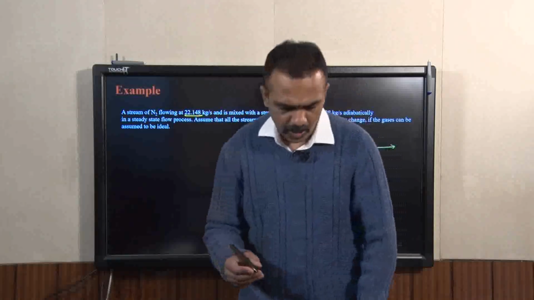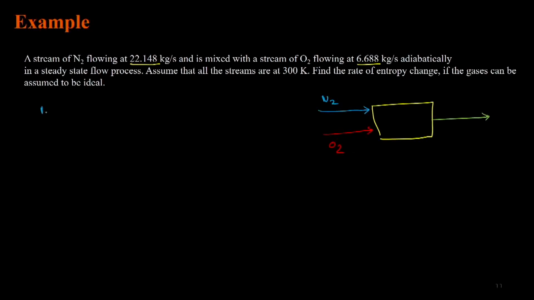So for N2, molar flow rate N1 dot is 22.148 kilograms per second times 1000 grams per 1 kilogram times 1 mole per 28 grams. So that will translate to 791 moles per second.